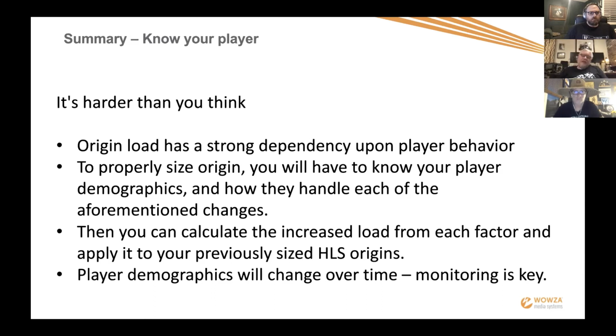Apple will release new iOS versions, more people will upgrade. Different players like Theo Player and HLS.js that support low latency or have varying degrees of support for it will increase their support over time, and you'll see them taking advantage of features that perhaps they didn't in the past. And so you're going to have to keep track of that.